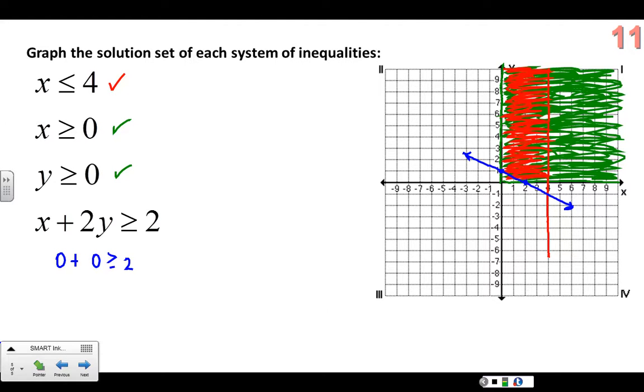So we're going to shade on the side opposite of the origin. So it's going to be this part right here where they all overlap. So I'm going to color blue everything that's going to overlap here. The green, red, and blue will all overlap in this region. Trace it in black so you'll see what I'm talking about exactly.